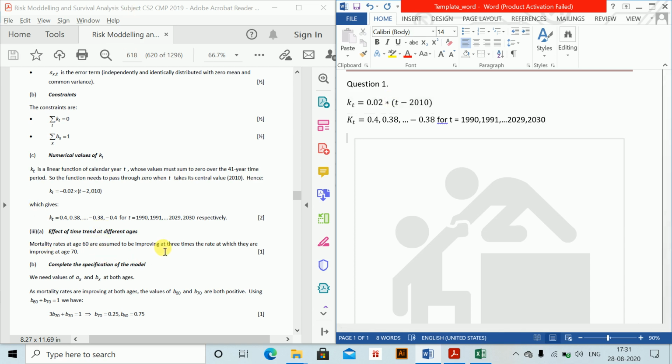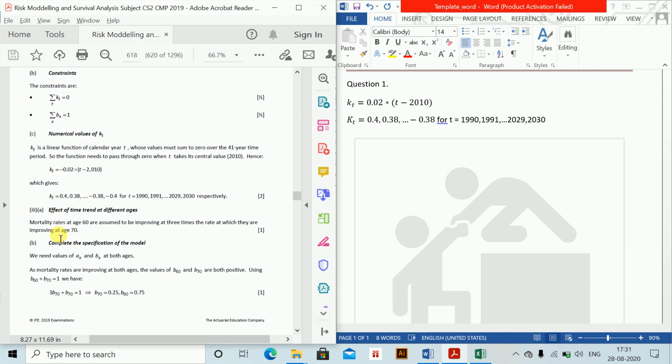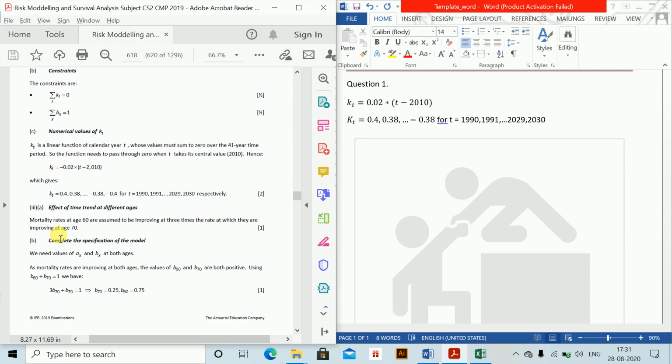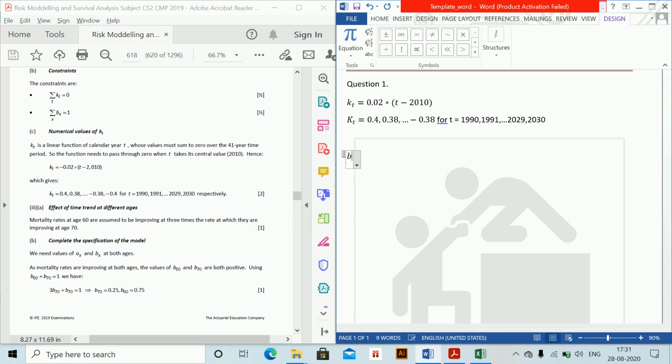Next part, the effective trend in time at different ages, again theory. Then complete the specification of the model. As mortality rates improve, both the values of b60 and b70 are positive. So b60 plus b70 is equal to 1.